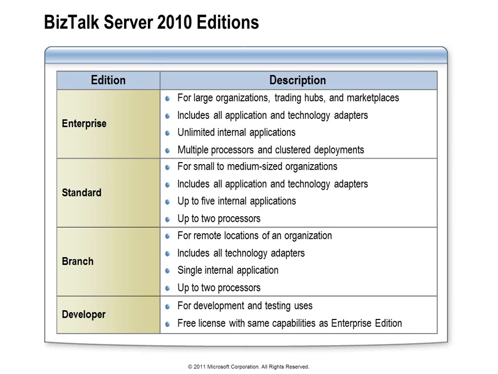The next step is the Standard Edition. This includes not only all of the network protocol adapters, but it also includes the application adapters. In other words, the adapters that know how to communicate with a particular type of system, maybe an ERP system or database system. This one offers more flexibility when grouping your components together. You can group them in up to 5 different applications, and that will make deployment tasks easier.